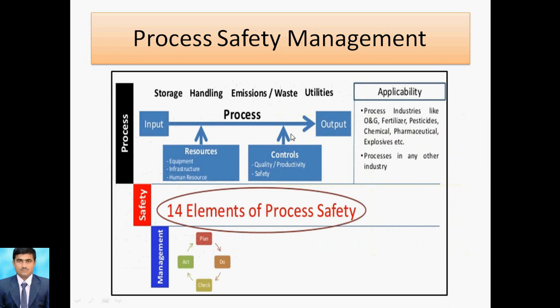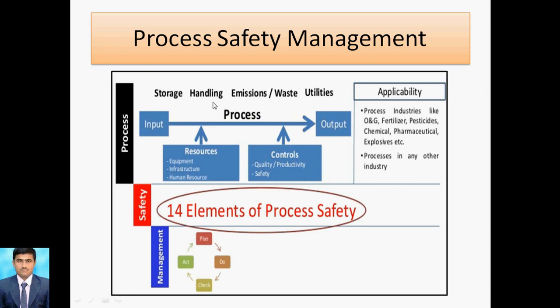So this is the input and output. Here there are different resources, like equipment, infrastructure, and human resources, and according to that we can control quality and safety. Quality and safety depend on these conditions: storage, handling, emissions, and utilities. So these are the important things.